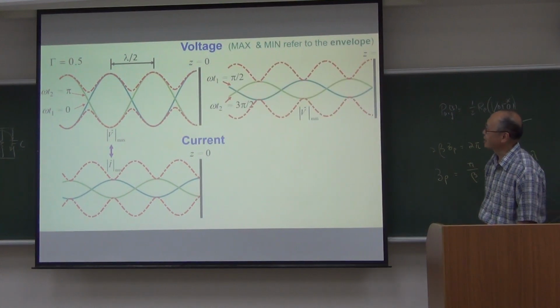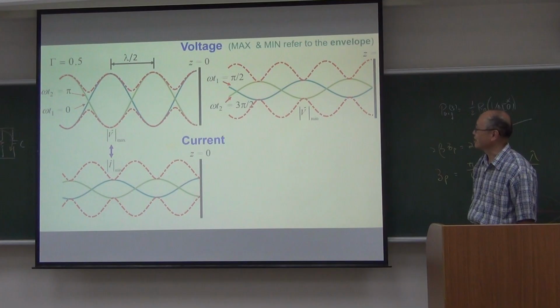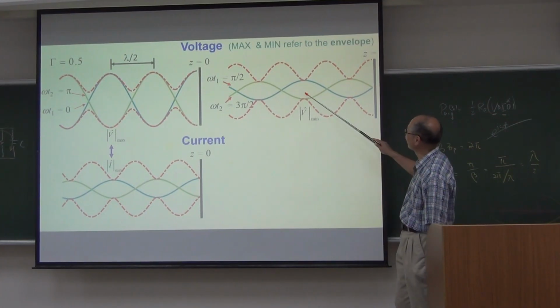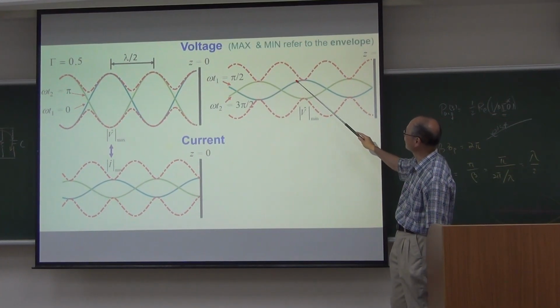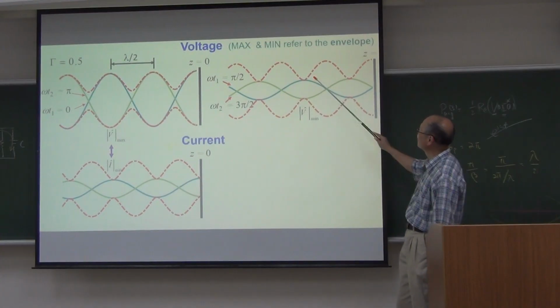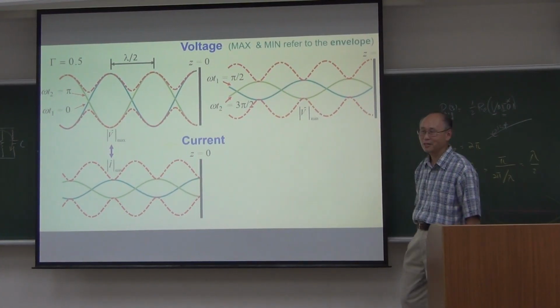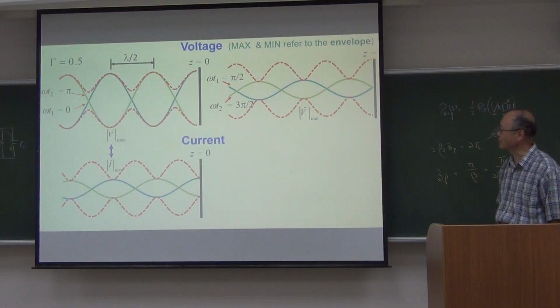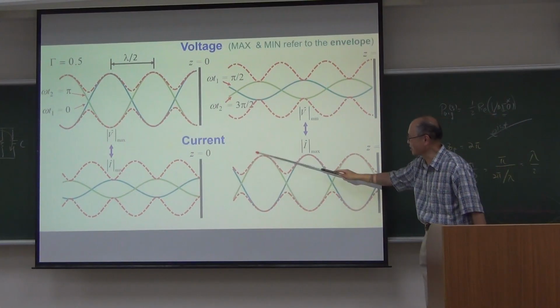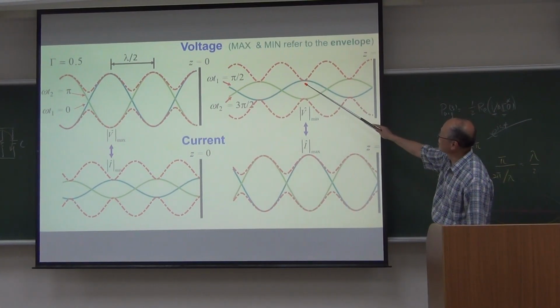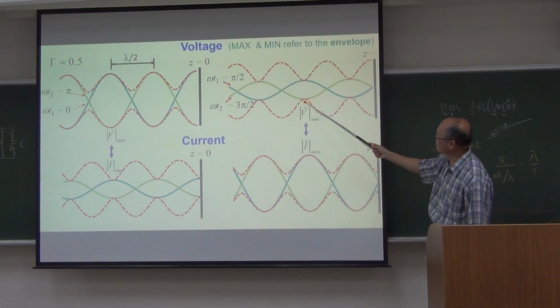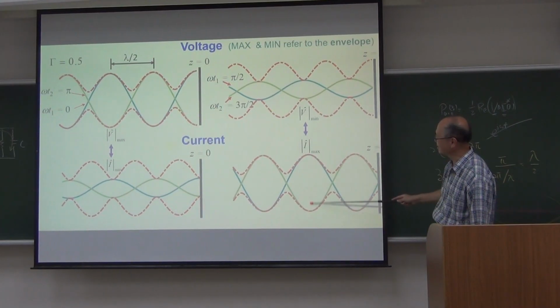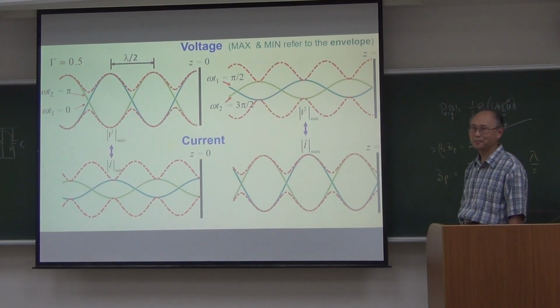Alright, so at some other time, the oscillating amplitude becomes like this. But the envelope still remains the same because it's just a function of position. Okay? For currents, at other times, it's going to oscillate like this. When the voltage oscillates at minimum, then your current can oscillate at maximum.